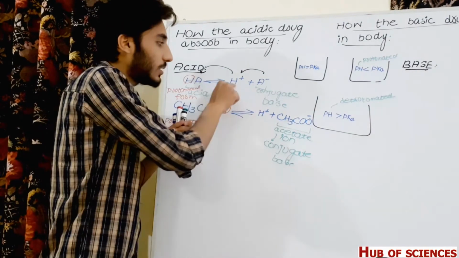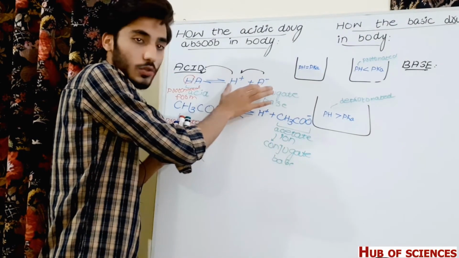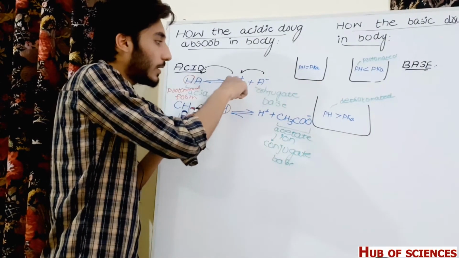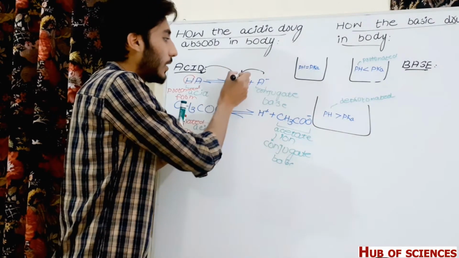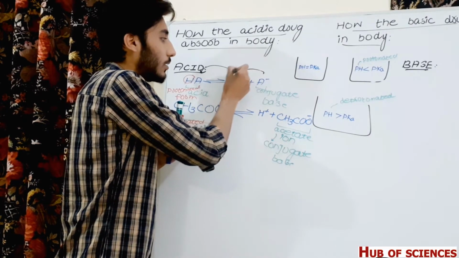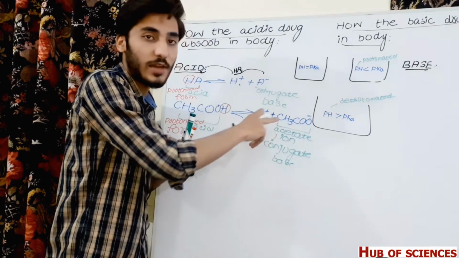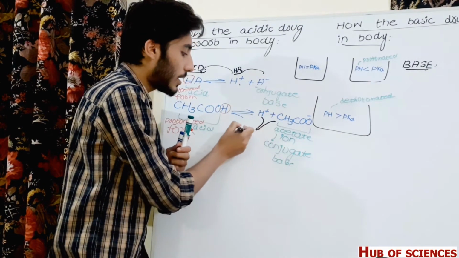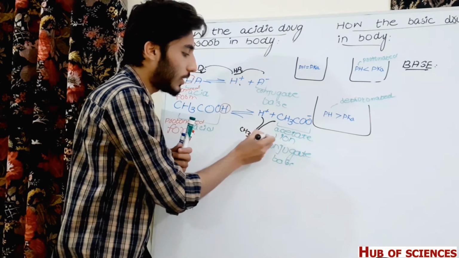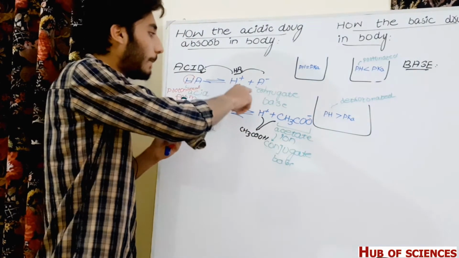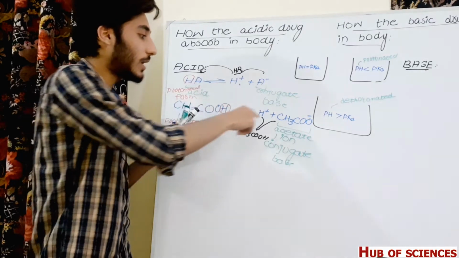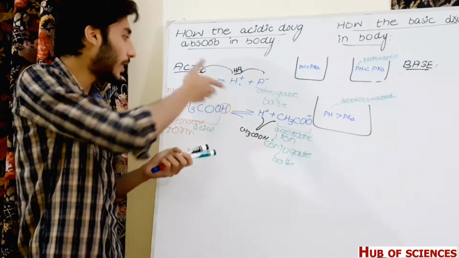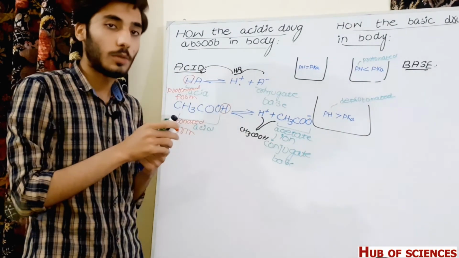Now this hydrogen ion and A negative is also an acid, because when these two combine, they will again form HA. In the same case, when the acetate ion combines with the hydrogen ion, it will again form acetic acid, CH3COOH. So this whole part is also an acid, like HA and CH3COOH.